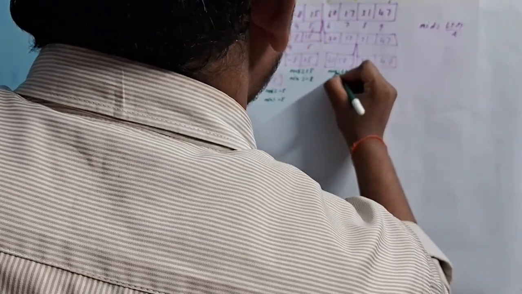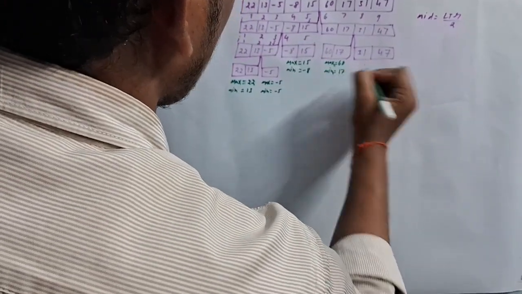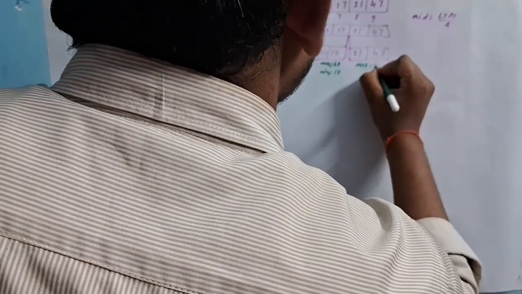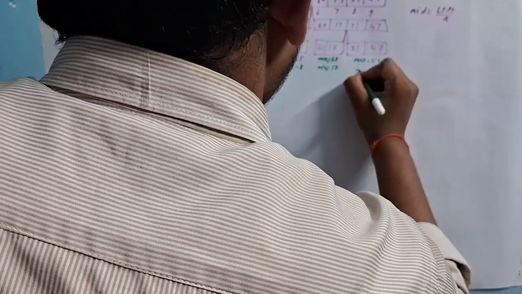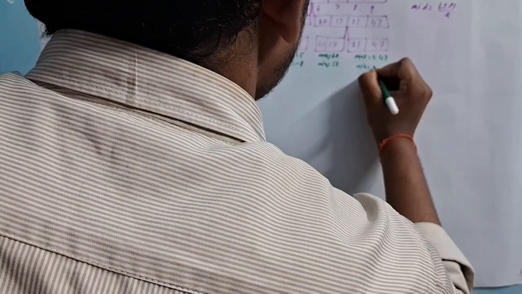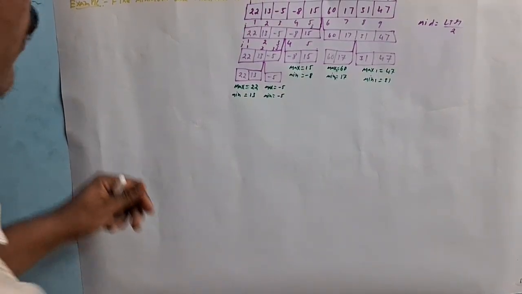On the right side we take a single element: max 1 is 47 and min 1 is 47, then max is 31 and min is 31. Now we have to conquer this method.